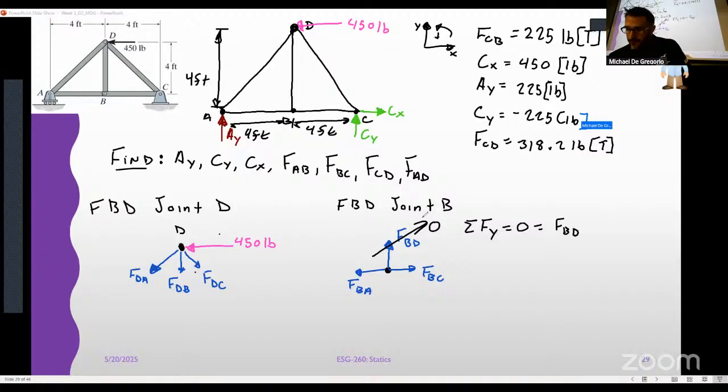All right. So anyway, doing the full complete thing, we also find out that FBC minus FBA, and so FBA equals FBC. So I'm just going to come up here and write equals FBA and call it a day. Also in tension, right?